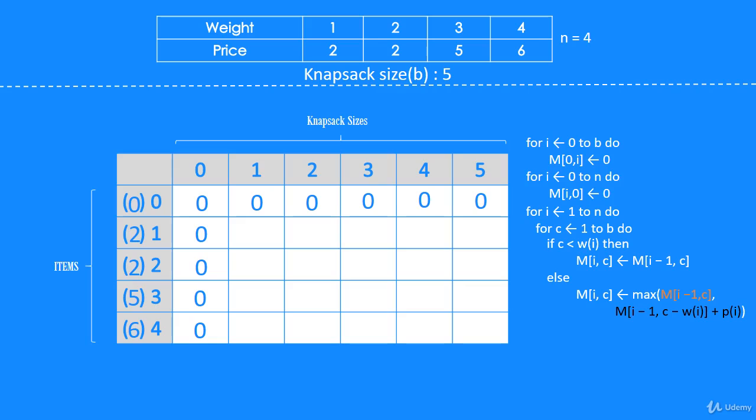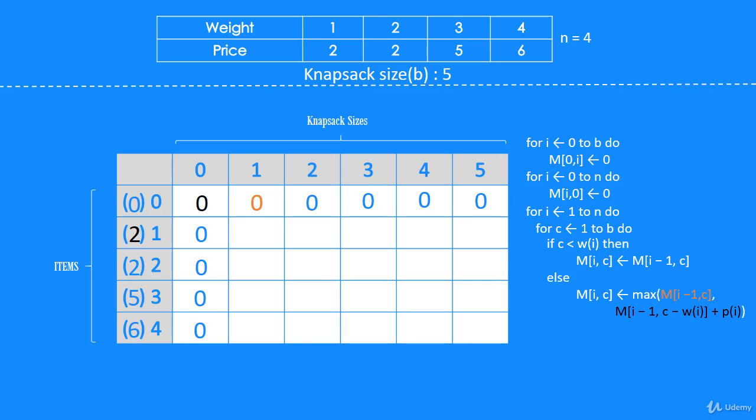So let's fill this table. We are trying to add items with weight equal to 1. The knapsack size is 1, so we take the max of the cell above and the sum of the price of the current item and the cell one row above and weight to the left. As you can see, I have been playful with colors, so I hope you understand it.